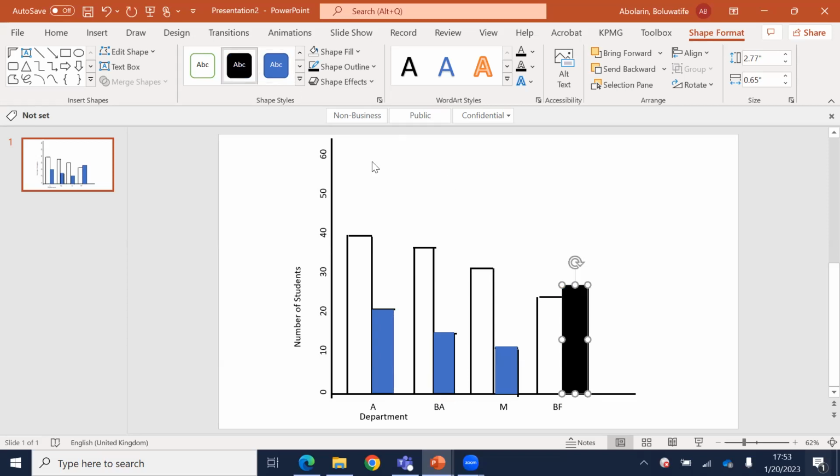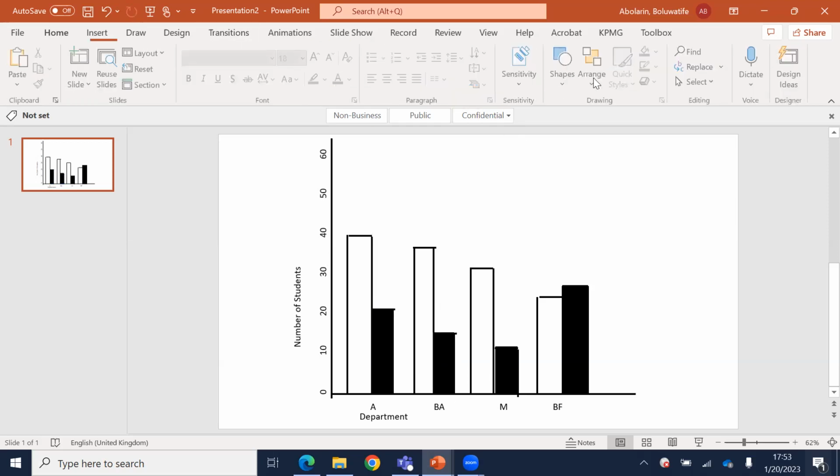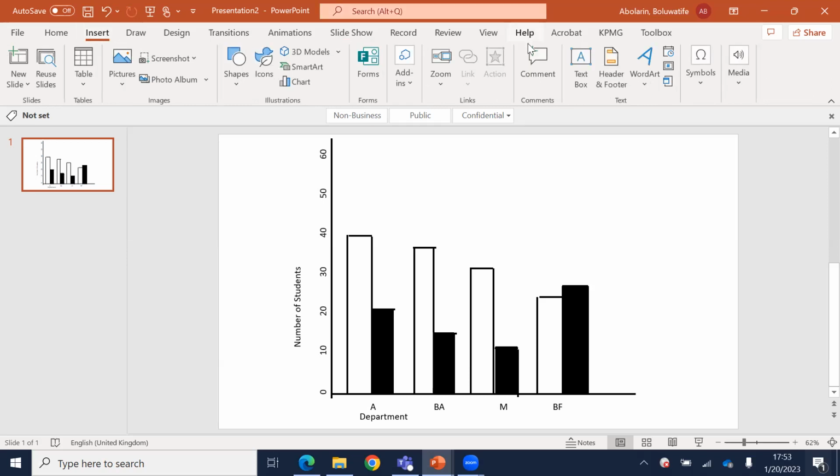So you can change it to black. So now in your table, when you are doing your table, you're now going to indicate it for them.